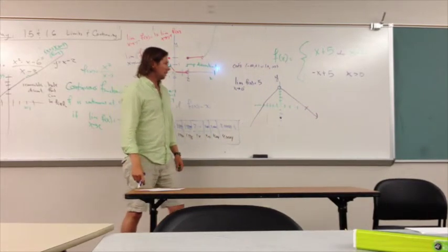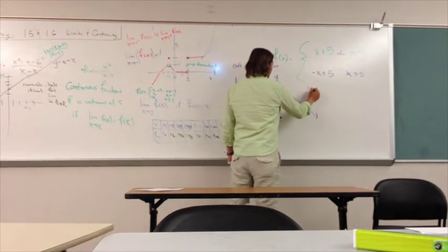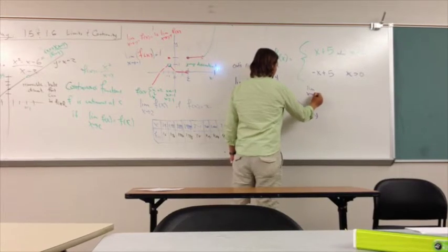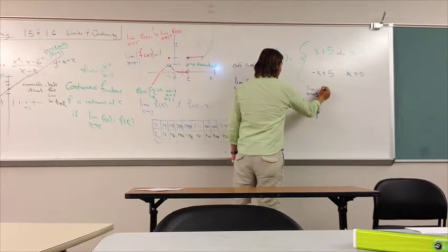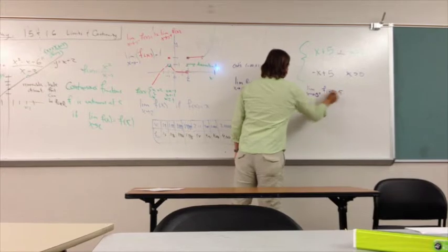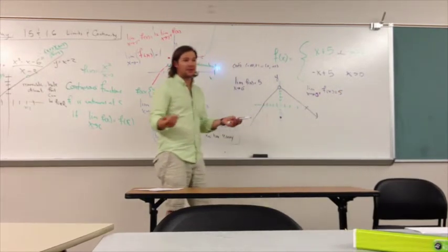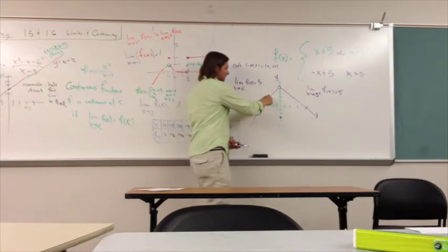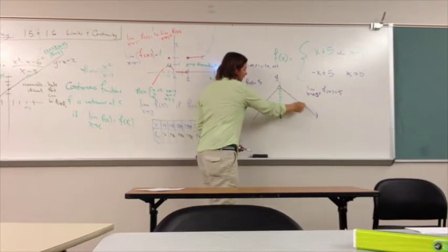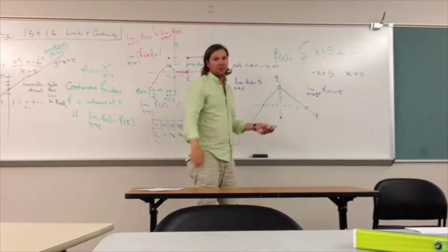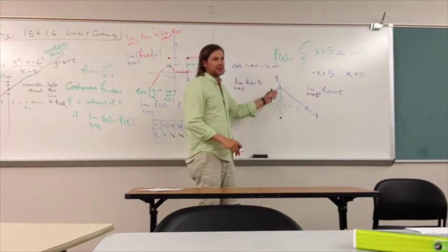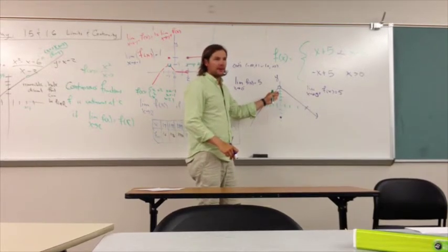Okay? So now what's the right-hand limit? Okay, the limit's 5. So then I have left-hand limit equals right-hand limit, so the limit exists and the limit is 5. Because I can say it's both going into and leaving the same y equals 5 at x equals 0. Okay? Is it continuous?